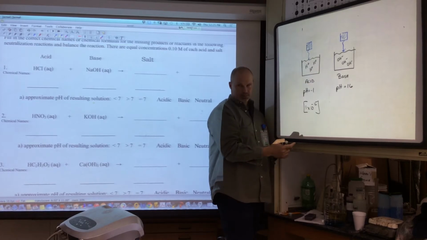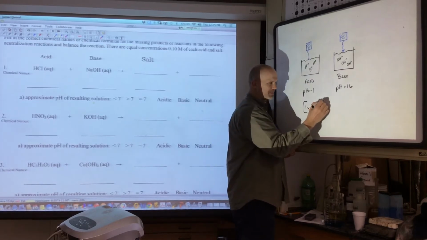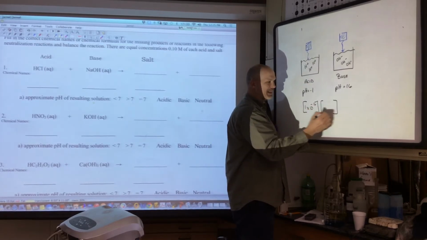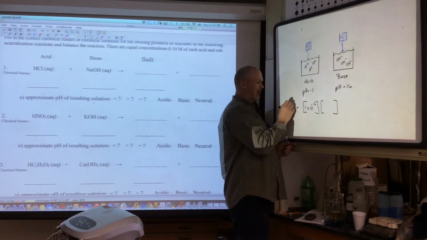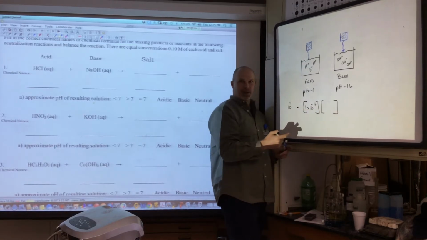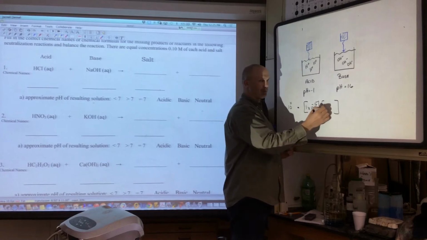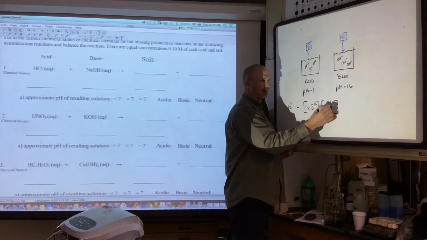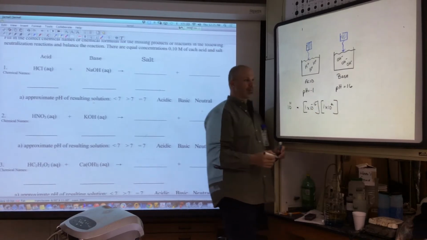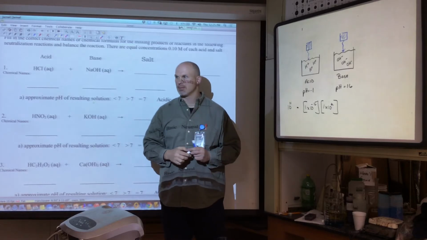That's right. But then to get it to 14, what must this concentration be? Negative 1 times 10 to the 2. Okay?